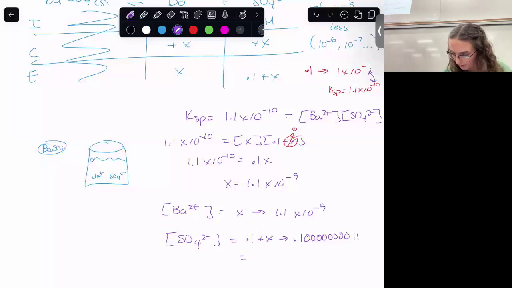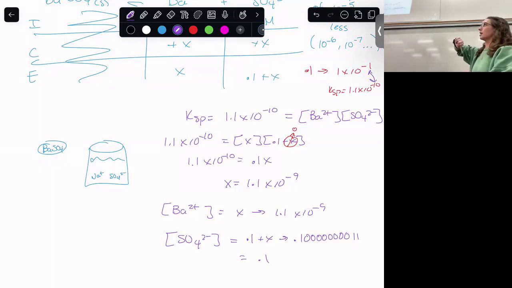So at equilibrium, this still looks like 0.1, which is why we can neglect it, because even though there's still a little bit more at equilibrium, we can't really tell that. We probably wouldn't be able to detect it, honestly. So it's still 0.1 because the change is so small.